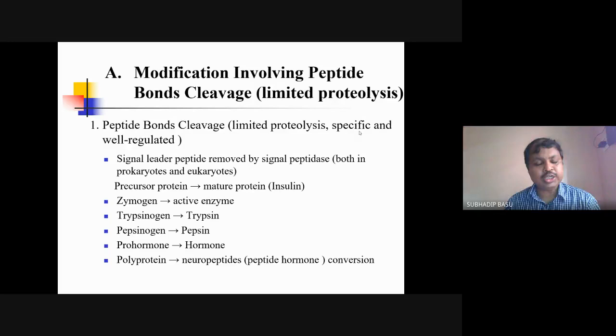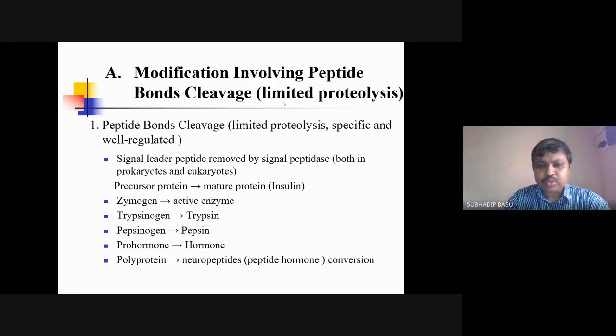That is very important. You remember, in case of pre-pro insulin, we have to have a cleavage at a specific position, and even in case of pro insulin, we need to have a cleavage in a specific position. If the cleavage is not in the desired position, we will not get the desired insulin.